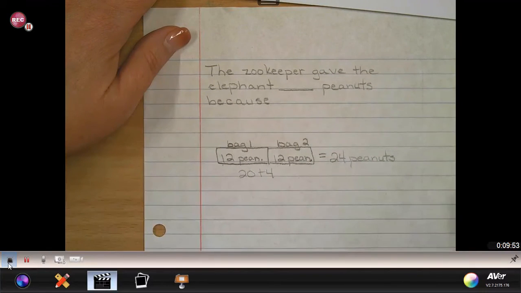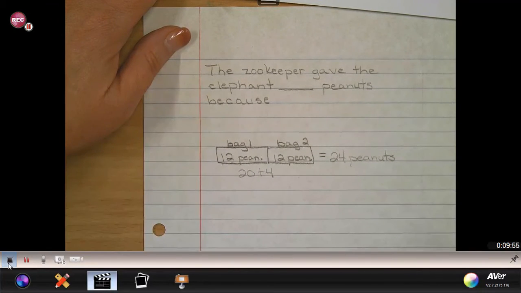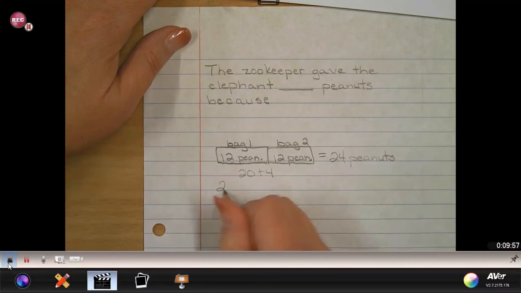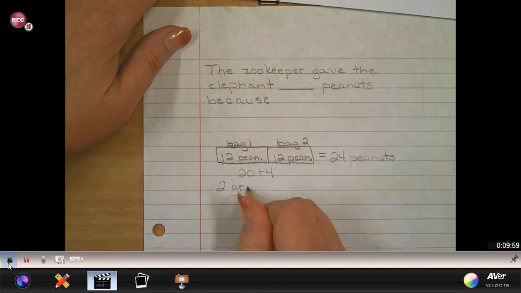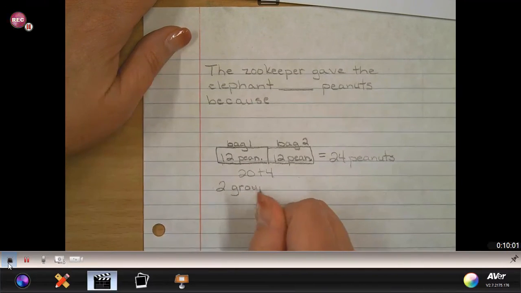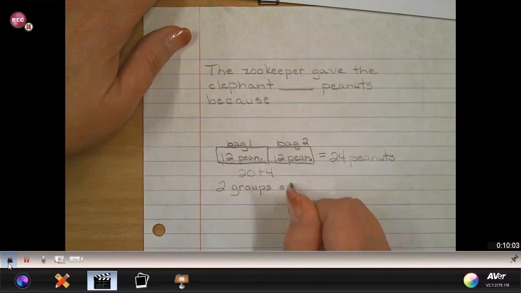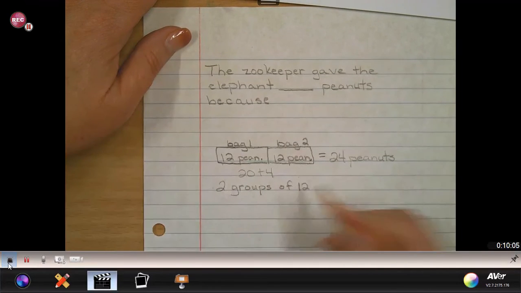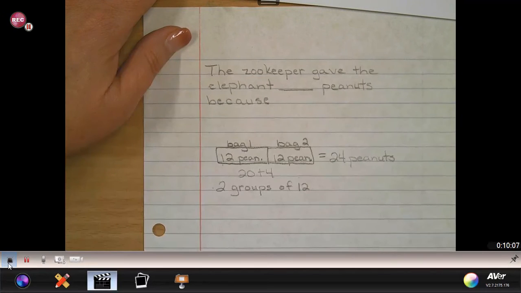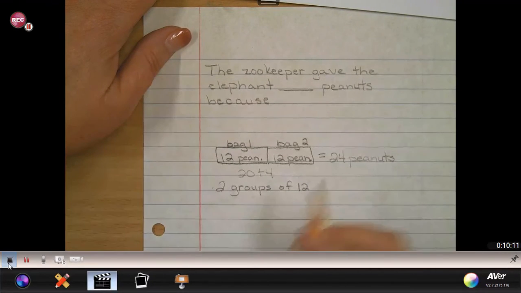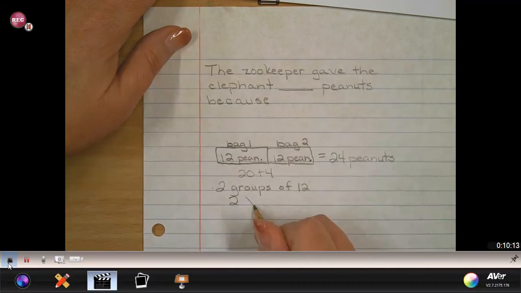Now, another way to think about this, and we'll get to this a little later on, is multiplication as well. So if I have 2 groups or 2 bags, I have 2 groups of 12. And when I write a multiplication sentence for this, I would say I have 2 groups of 12.